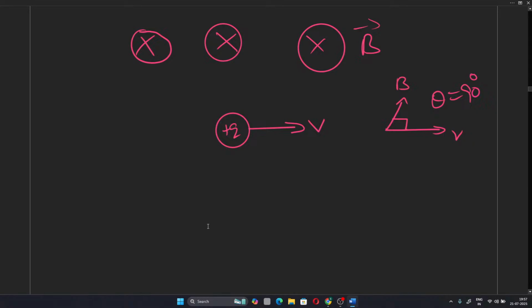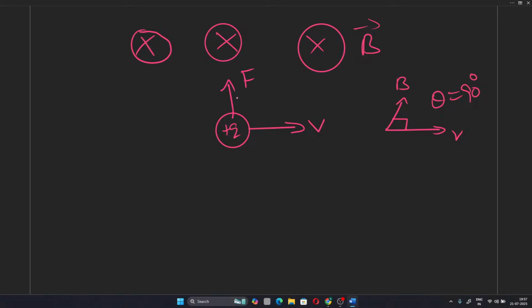So the force, let's assume at instant t equals 1 second, in this instant, if we calculate the direction of the force according to the thumb rule, it will be acting in this direction.